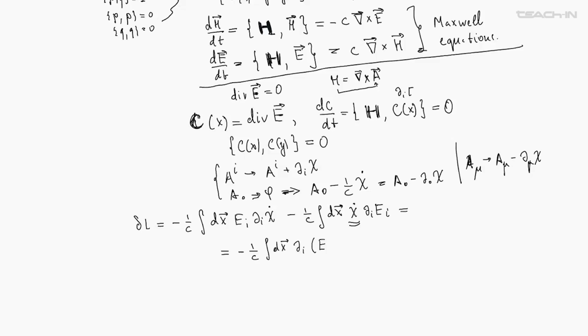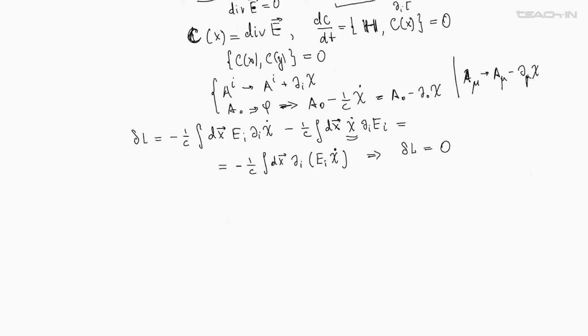Integrating this total derivative and assuming that fields vanish at spatial infinity, we obtain that delta L, the variation of the Lagrangian, is actually 0. So indeed, we see that our phase space Lagrangian maintains this symmetry, as it should. So gauge symmetry is there.